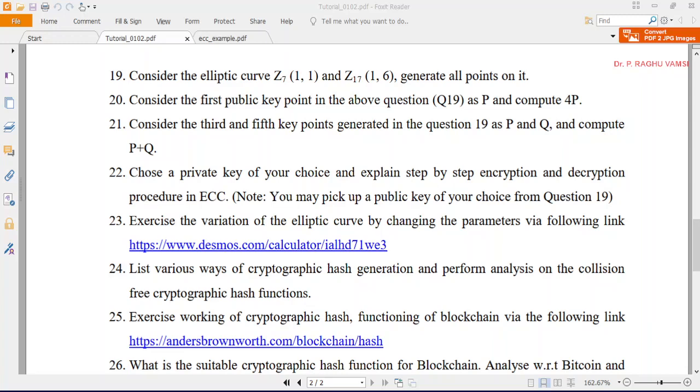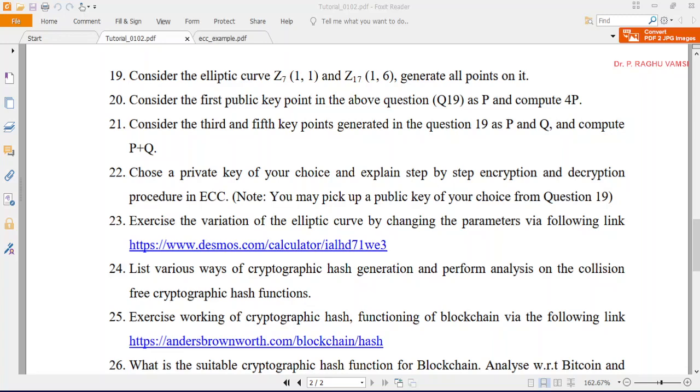they won't give you the entire elliptic curve equation like y square is equal to x cube plus ax plus b mod p. This entire equation will not be given. Simply they will mention it as Z7 of 1 comma 1 or Z17 of 1 comma 6. In any research paper, if you identify the elliptic curve Z7 of 1 comma 1, then immediately you need to recall that they have used the elliptic curve with the prime number as 7 and a and b values are 1 comma 1.